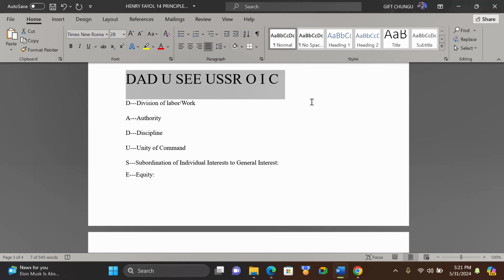Authority is telling us that as a manager, there is authority that you are going to be given. That authority gives you the power to direct and command people to say, okay, do this. And that commanding also comes with responsibility. Because as you tell someone to do that, you should check that it has been done.